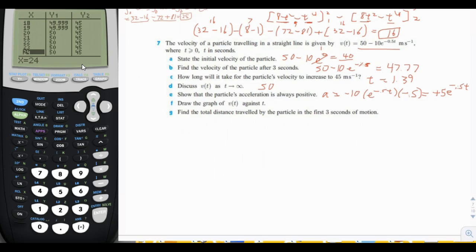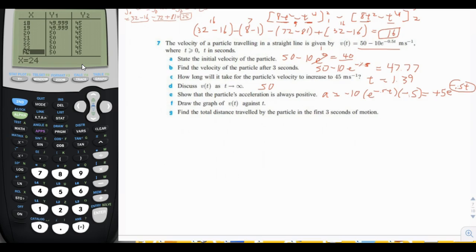And so you can see that whatever number you put in for t, it's going to be a positive number.